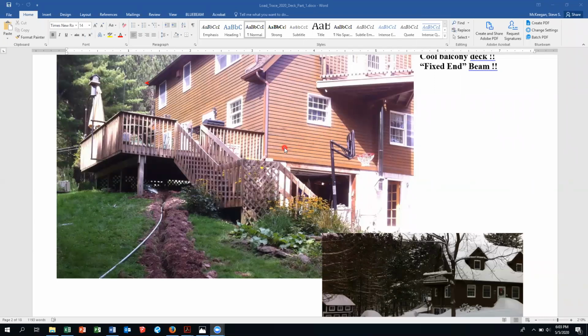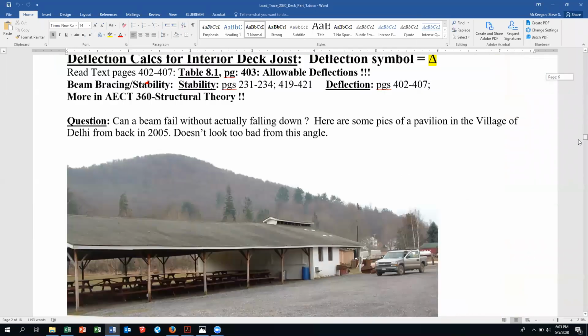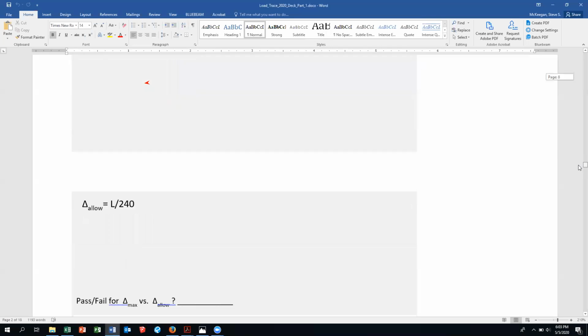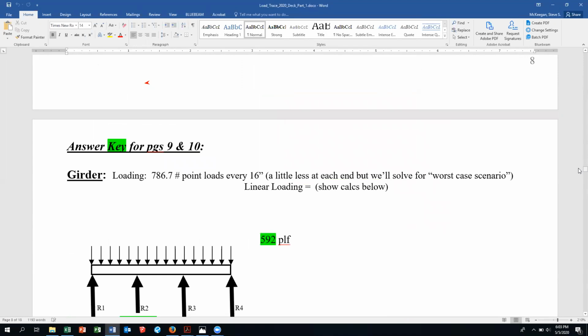Leaving where we left on the last Zoom, we were analyzing the columns, or the posts, if you will, for that deck. And we made a huge assumption that we're going to change as we get into some more column analysis.